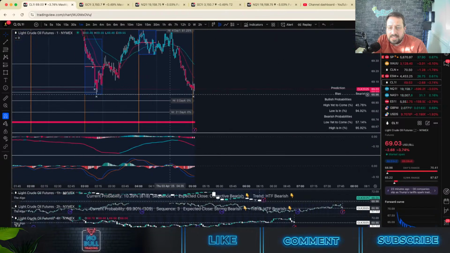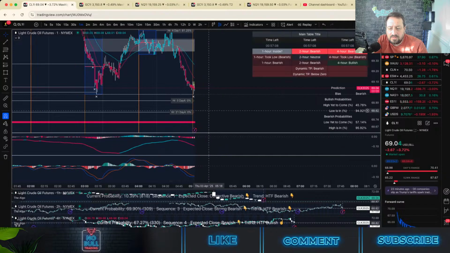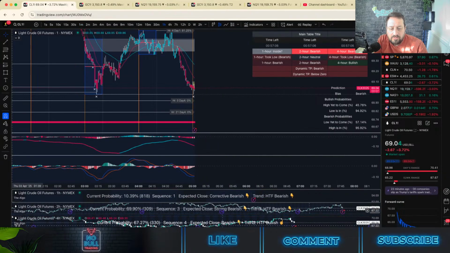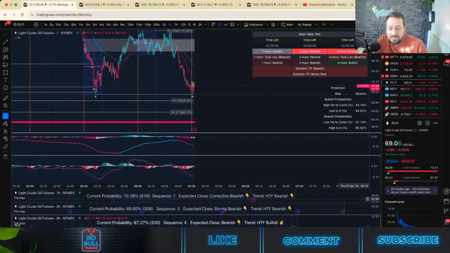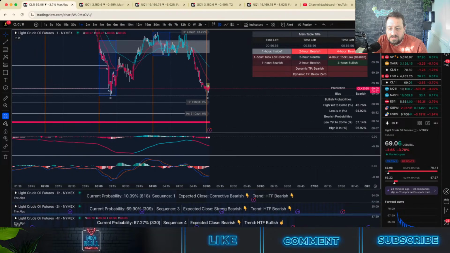Right, CL has taken the low, just. But look at the algo. Corrective bearish. So we've moved all the way back down, and yet the algo is showing weakness. There's weakness potentially, so we just want to be careful.